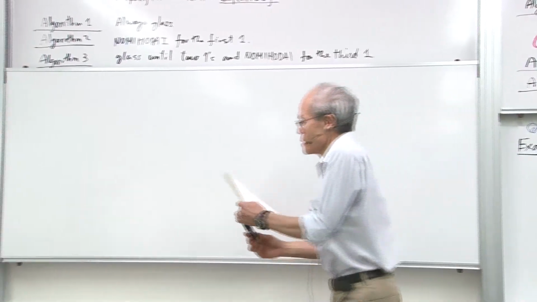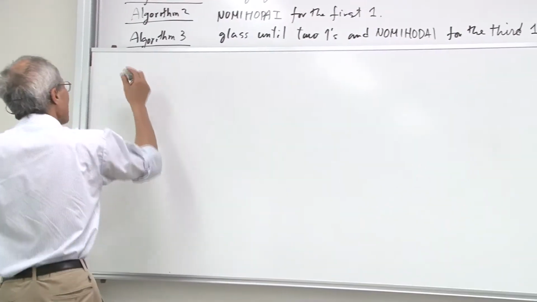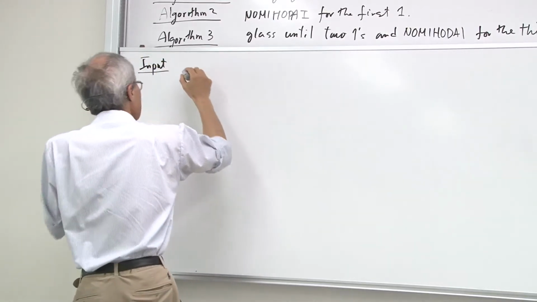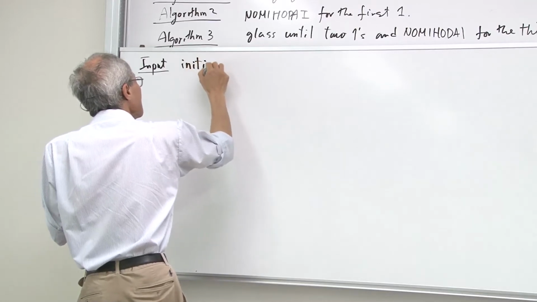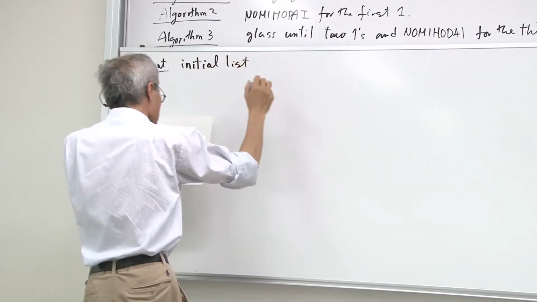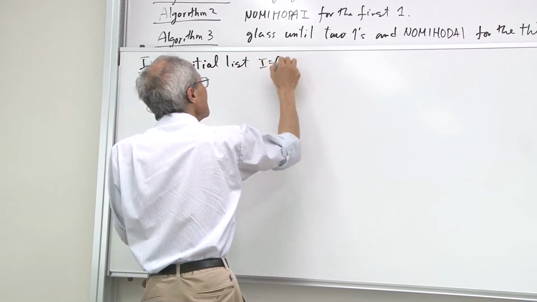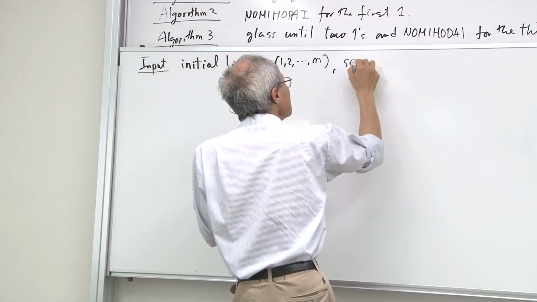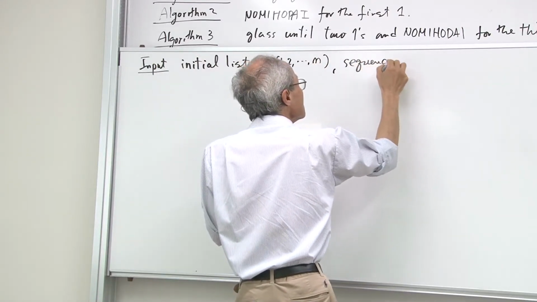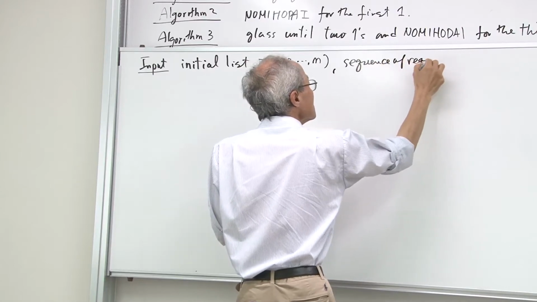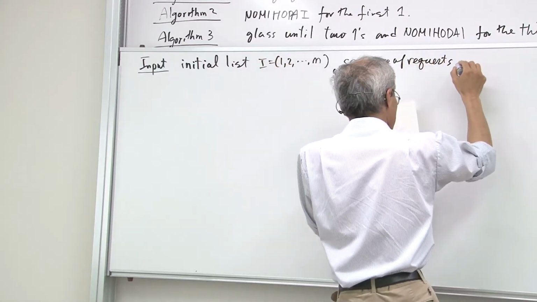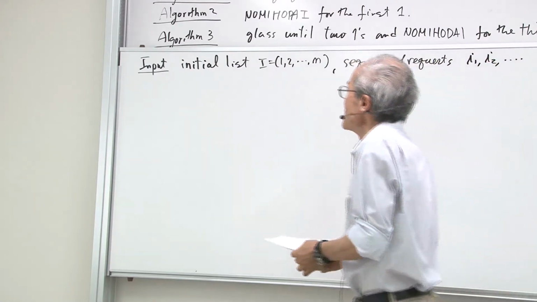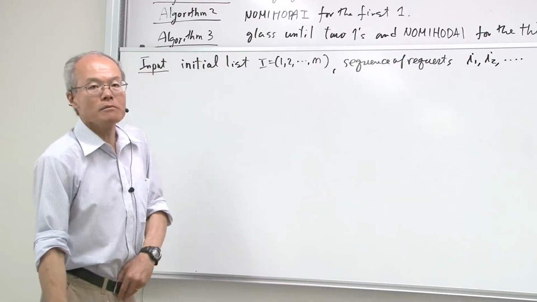So now I'll give you the formal definition of this problem. Input is the initial list. The initial list is of length n.